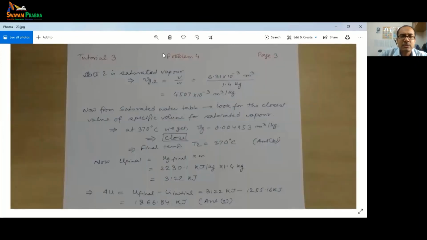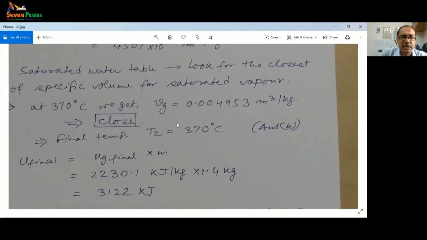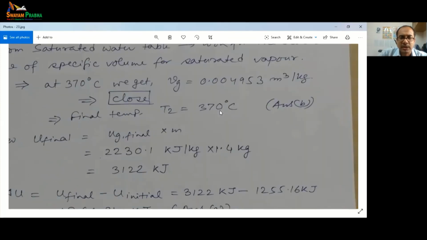Here we see that at 370 degrees centigrade we get Vg to be 0.004953. We can say that this is a close value for the specific volume that we are targeting, and the final temperature T2 is 370 degrees centigrade.